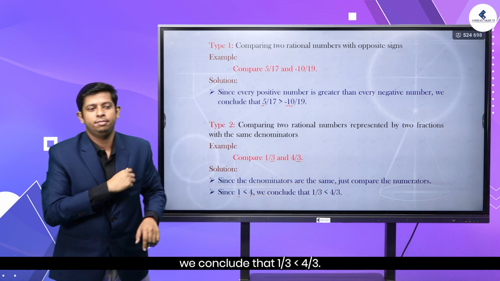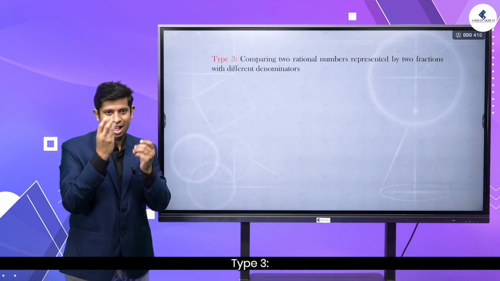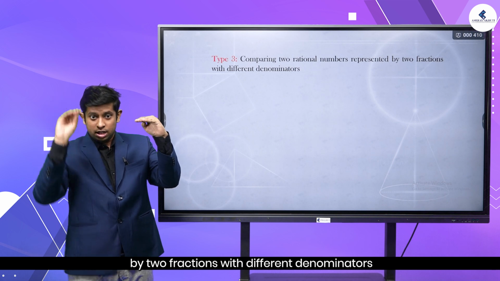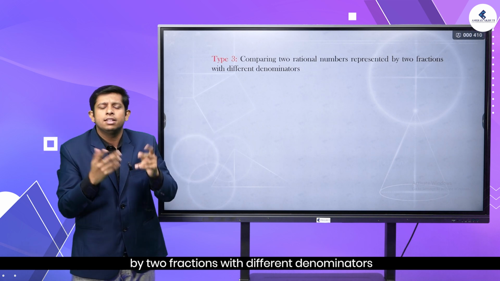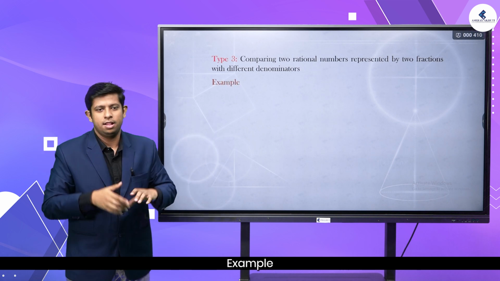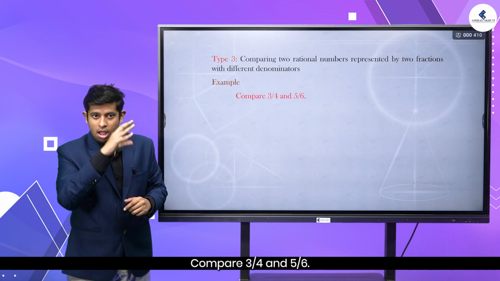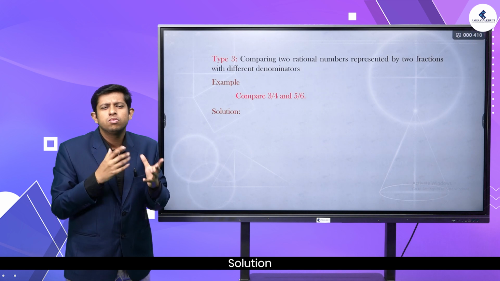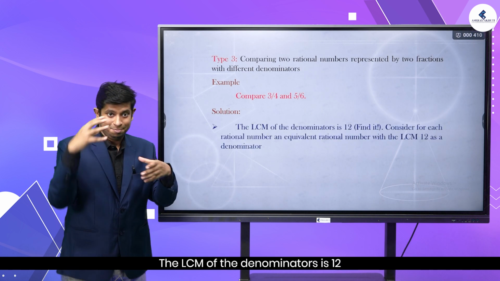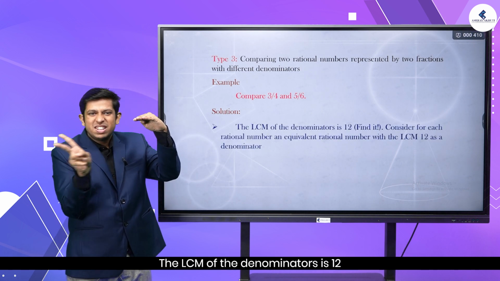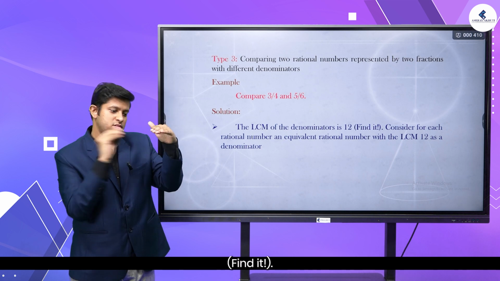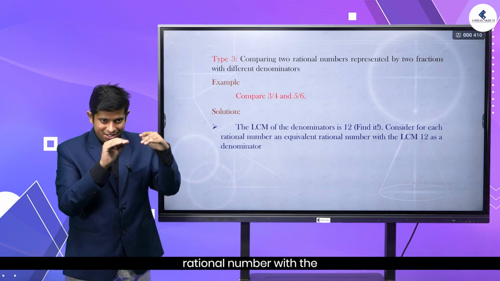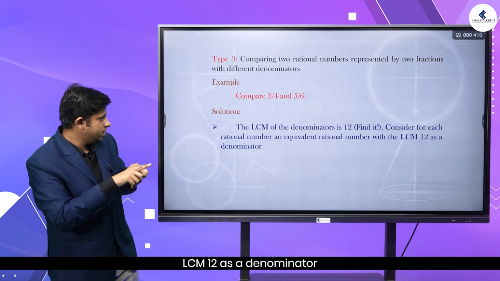Type 3. Comparing two rational numbers represented by two fractions with different denominators. Example. Compare 3 by 4 and 5 by 6. Solution. The LCM of the denominators is 12. Consider for each rational number an equivalent rational number with the LCM 12 as a denominator.